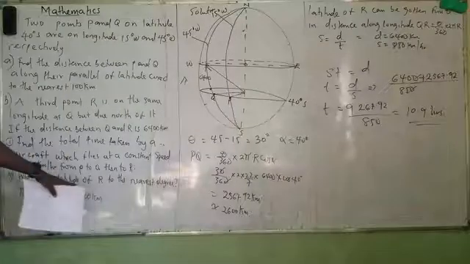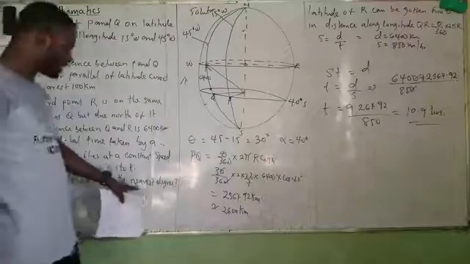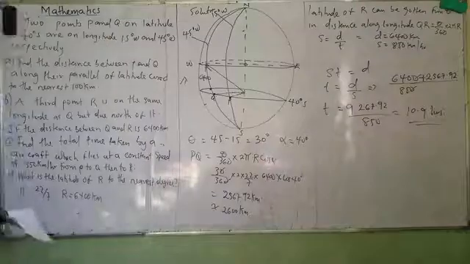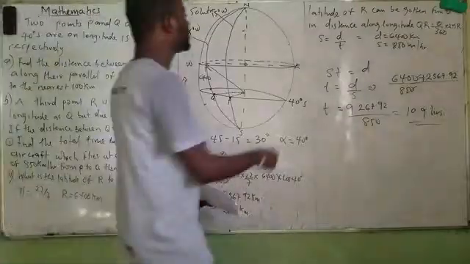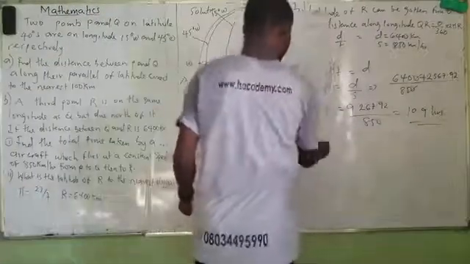Now, the next thing I need to work on is the B. What is the latitude of R to the nearest degree? Now, this is BI, and now BII.